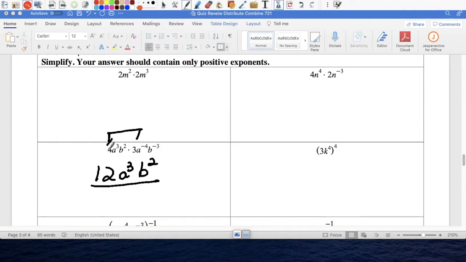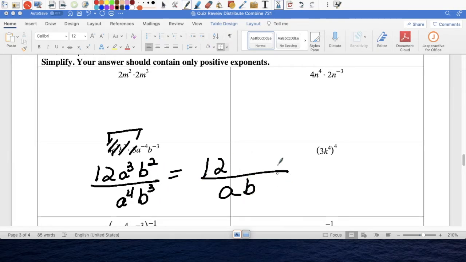So that's taken care of. a to the negative 4th over here, b to the negative 3rd goes down. Now I'm ready to simplify. So 12, nothing's going to happen to it. a cubed, a to the 4th, I'm going to have 1a left over at the bottom, right, after they cross out each other. And then b squared and b cubed, I'm going to have 1b at the bottom. So final answer, a little bit prettier than that, is this.